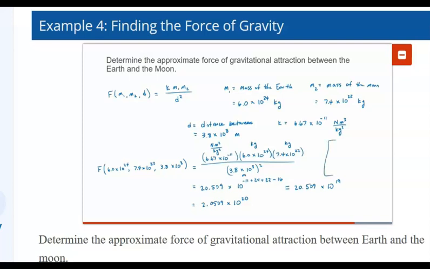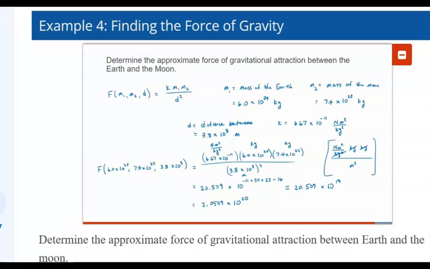And finally, the distance between the Earth and the Moon was measured in meters. So if you think about it, I'll come over here to the side and rewrite all of these units. We have a Newton meter squared over kilogram squared, a kilogram, and all of that divided by meters, but remember there's a square down there, a meter squared.